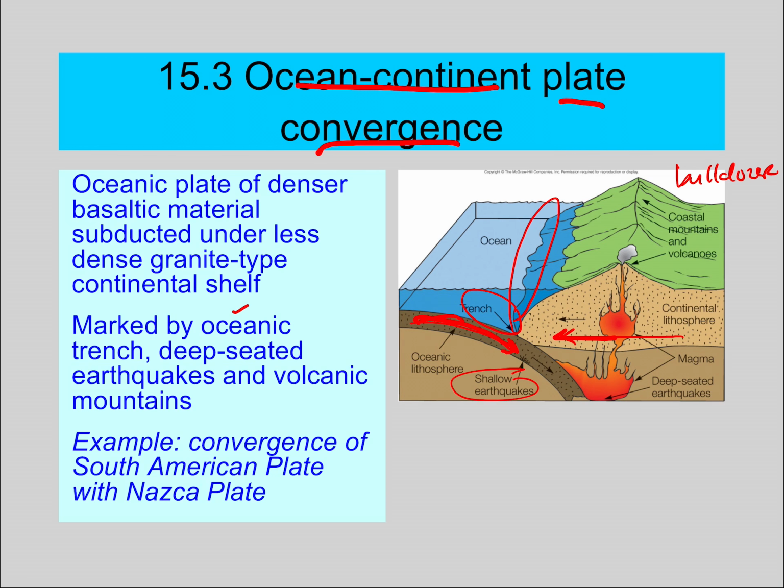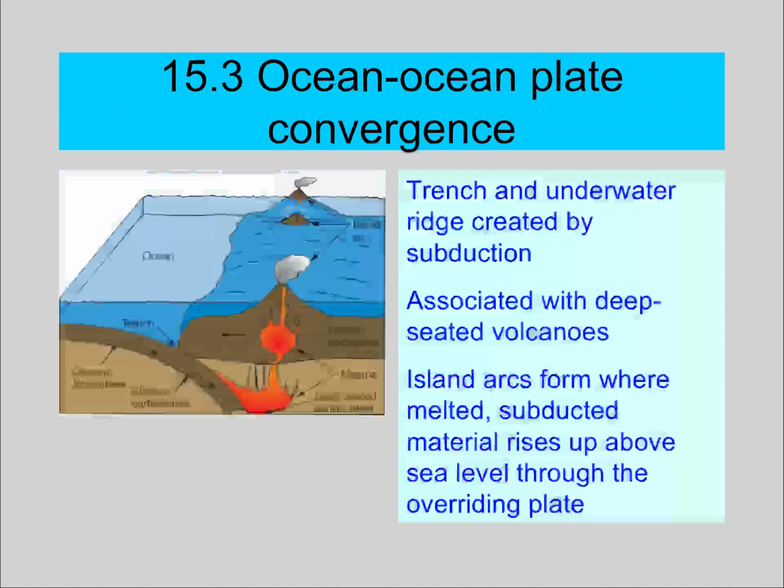There's going to be deep-seated earthquakes, and there's going to be volcanic mountains. These are the Andes down in Peru, where we have the convergence of the South American plate with the Nazca plate. We also see this up in the Cascade Mountains in Washington and Oregon. Those are 2 common examples of an ocean-continent plate convergence.